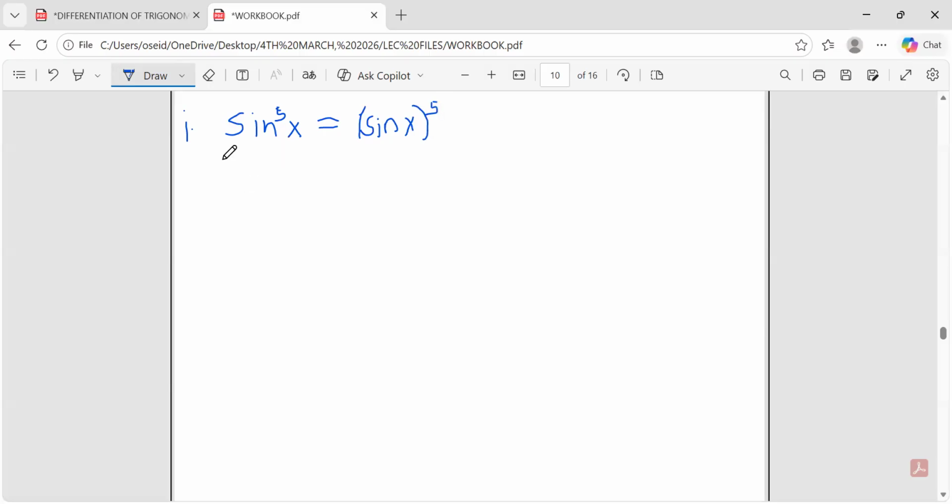All right. So using the chain rule, we are using the chain rule because this is a composite function.